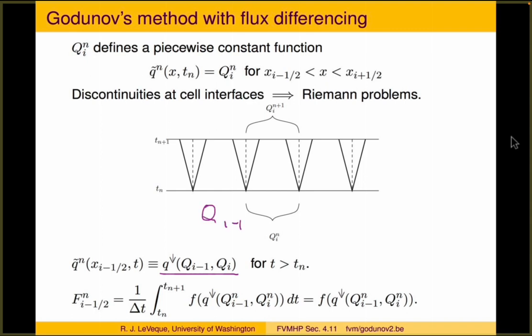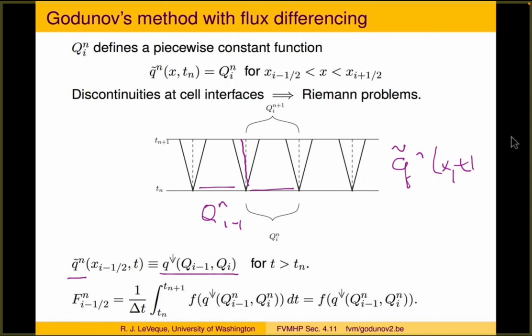So if we have a cell average Qi minus 1 at time n here and Qi at time n here, then the Riemann problem between the two has a constant value along this interface. You can also think of this function Q tilde n as the exact solution here. Q tilde n of x,t is the exact solution of this concatenation of Riemann problems.